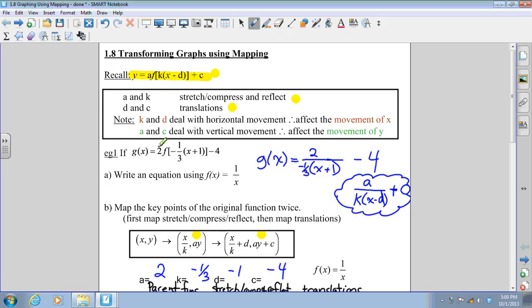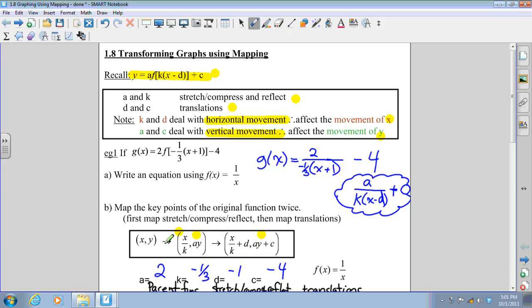Also, make sure you note here, folks, that the horizontal movement has the effect on the X, whereas the vertical movement, which the letters are A and C, deals with Y. That's why you'll notice when you look down here at the mapping formula that the K and the D are attached to the X, and the A and the C are attached to the Y. I'm talking about the ordered pair.